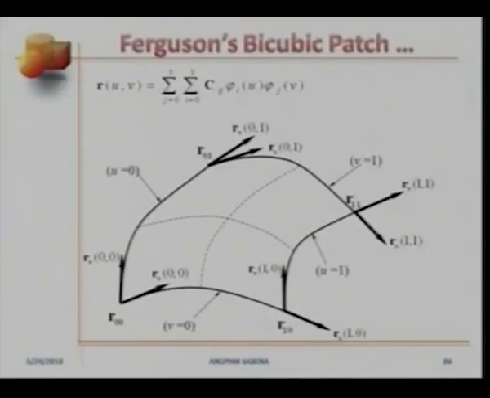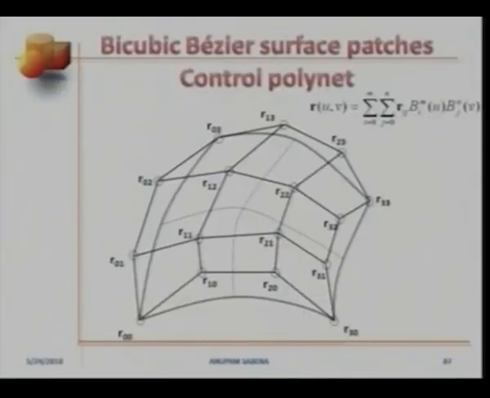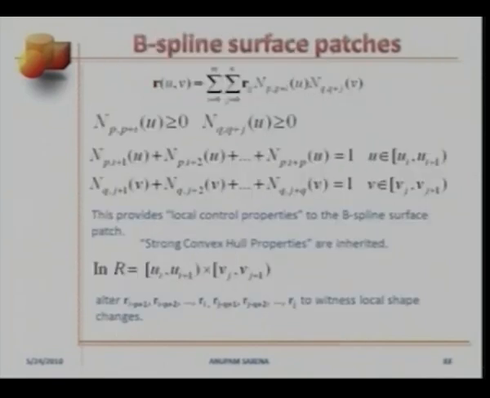In tensor product surfaces, we first covered Ferguson's bicubic patch, and then we did not like the use of the higher order tangent and twist vector kind of information, and so we switched to bicubic Bezier surface patches, where we had only used design points. And then, of course, we extended that model to B-spline surface patches.